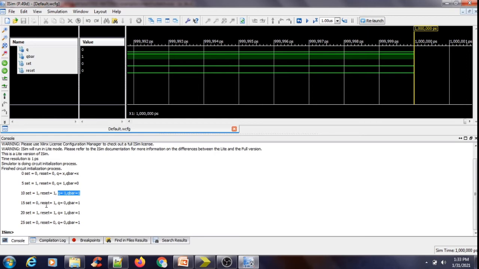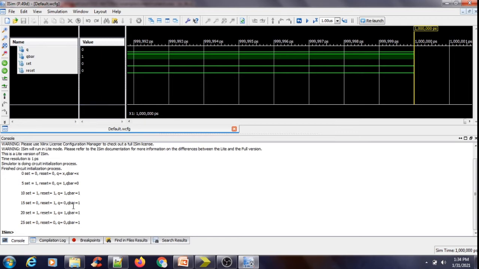Yes. And set equal to 0, reset equal to 1, q equal to 0, q bar equal to 1, right? When set equal to 1, reset equal to 1, again q equal to 1, q bar equal to 1, it is also invalid. When set equal to 0, reset equal to 0, q equal to 0, q bar equal to 1, that means it is following the previous state output.